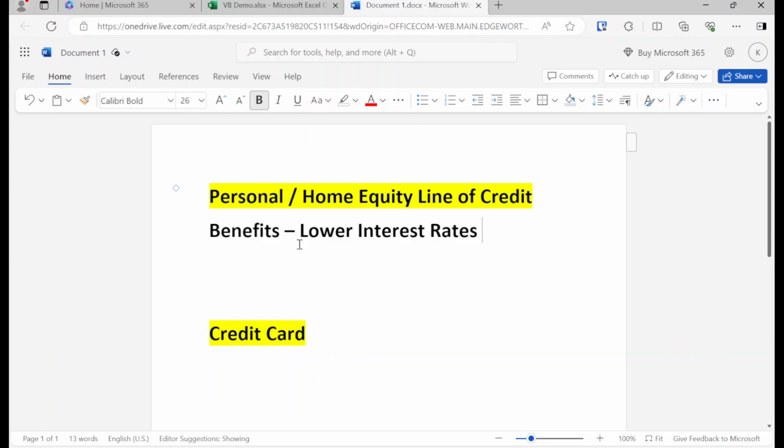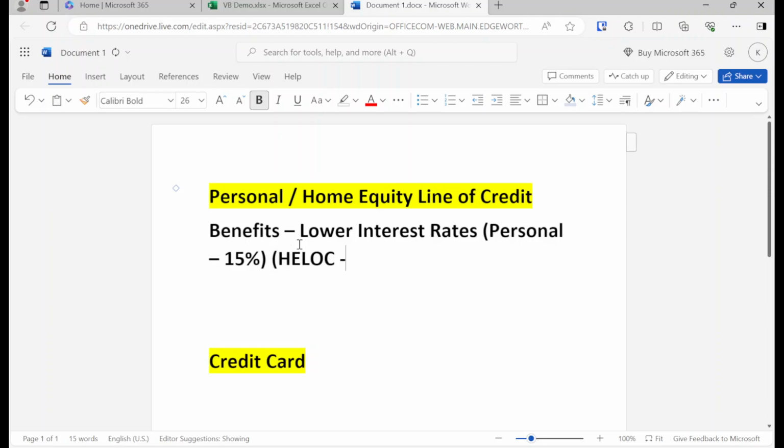I told her, "You've got to give me some of that, because I have 10% right now." But it's lower interest rates compared to, let's say, credit cards. So right now I have a personal line of credit at 15% interest, and then I have a HELOC, or home equity line of credit, at 10% interest. Now, these are variable, but I'm just giving you the averages of what those interest rates are.